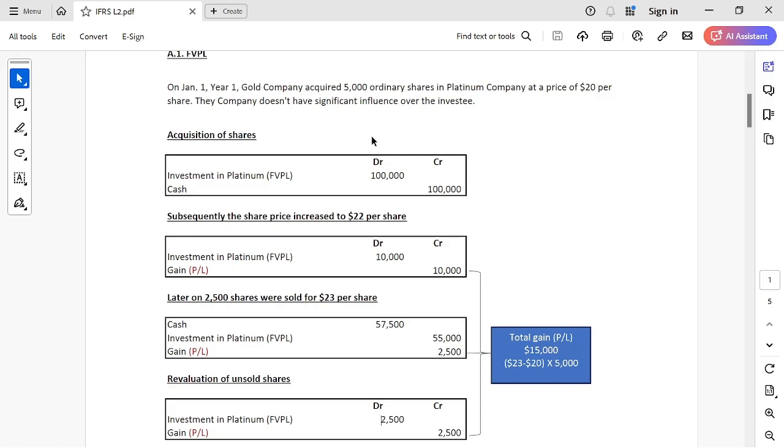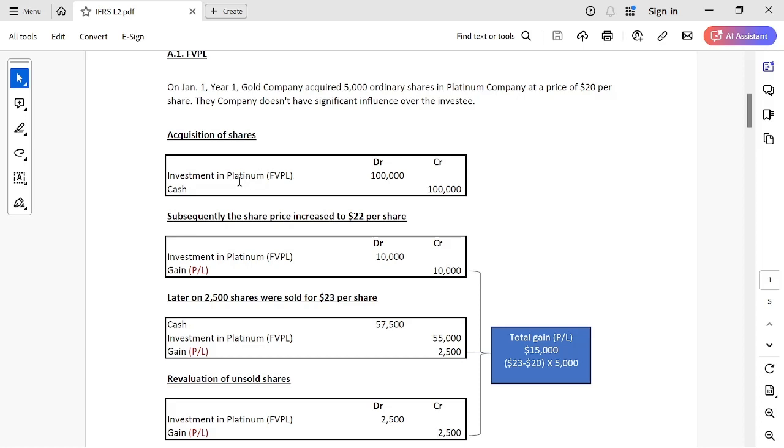But here, as the company doesn't have significant influence, we will be using IFRS 9 for the financial assets, and these are fair value through profit or loss, as we said earlier.